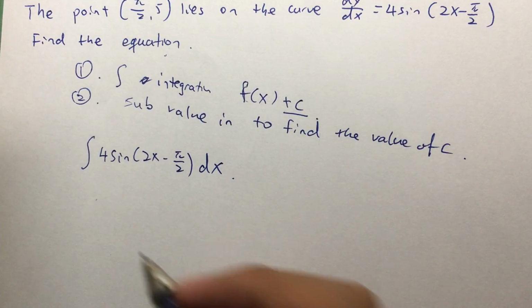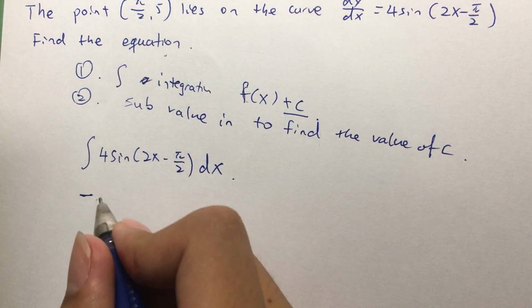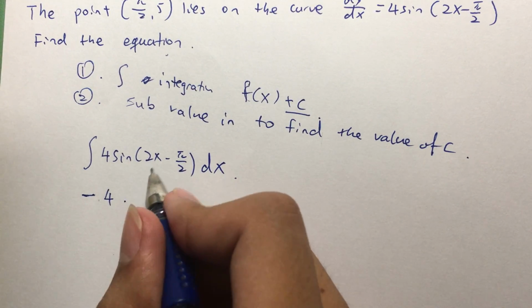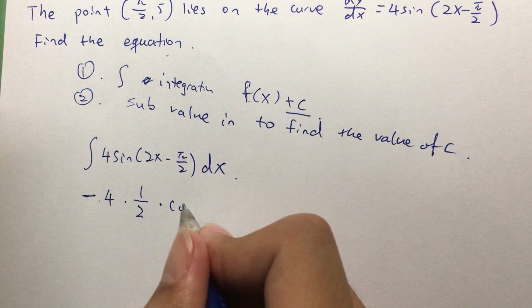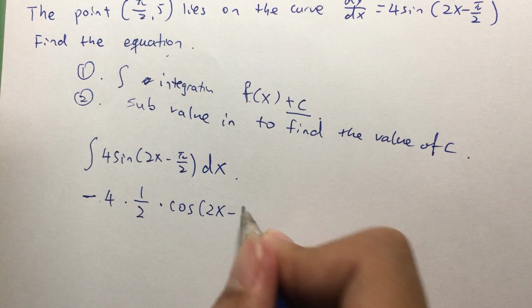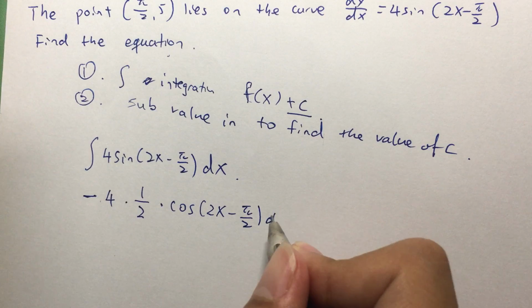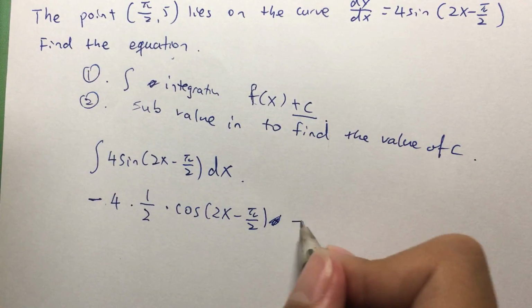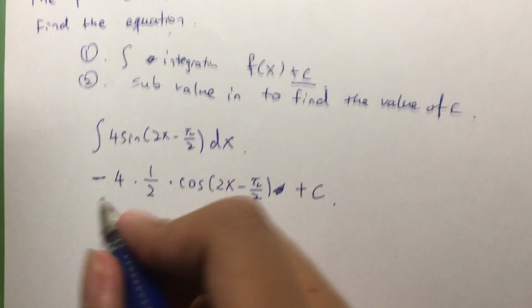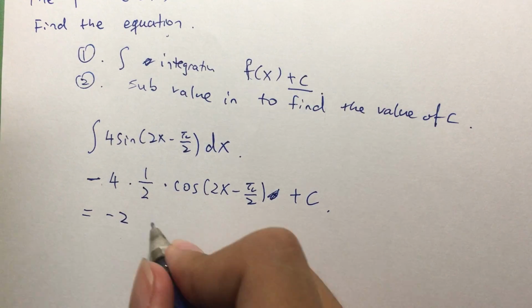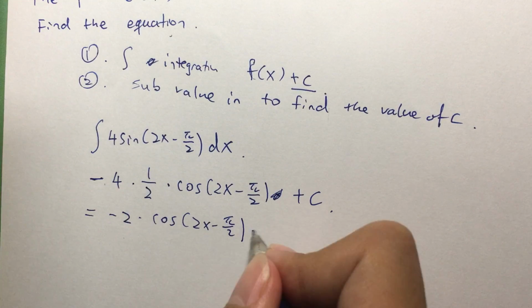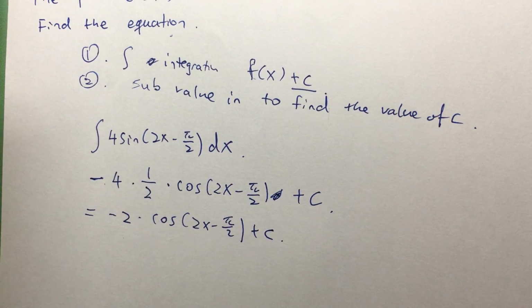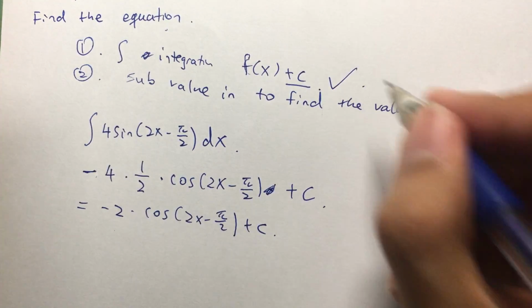We have a negative sign at the front, and we have 4 times, well, here is 2, so it becomes a half. And sine will become cosine, so 2x minus pi over 2 plus c. This is equal to negative 2 times cosine 2x minus pi over 2 plus c. That is the first step, so the first step we have done.